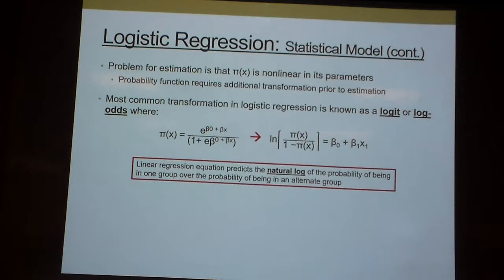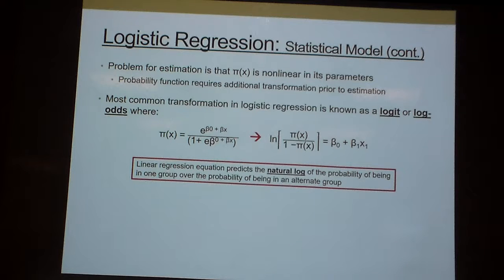And so what we do with our logistic models is we're predicting not our probability outcome. That's what we wanted, but we can't get there. But what we can do is take that 0-1 outcome and translate it into the natural log of an odds ratio, so the odds of an event versus the odds of a non-event.